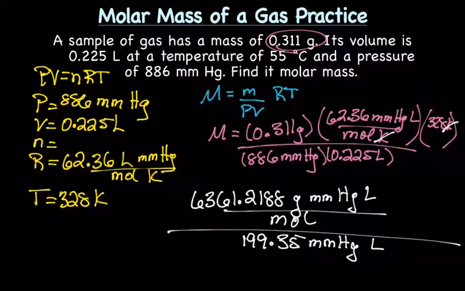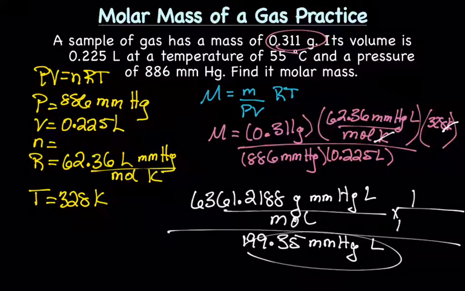And then to get this off the bottom, we can multiply by the reciprocal, giving us 1 over 199.35 millimeters mercury liters. So that's gone. Our liters cross out.